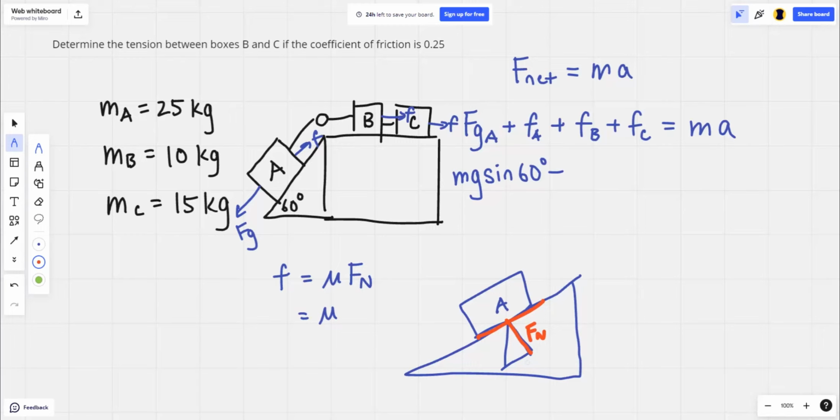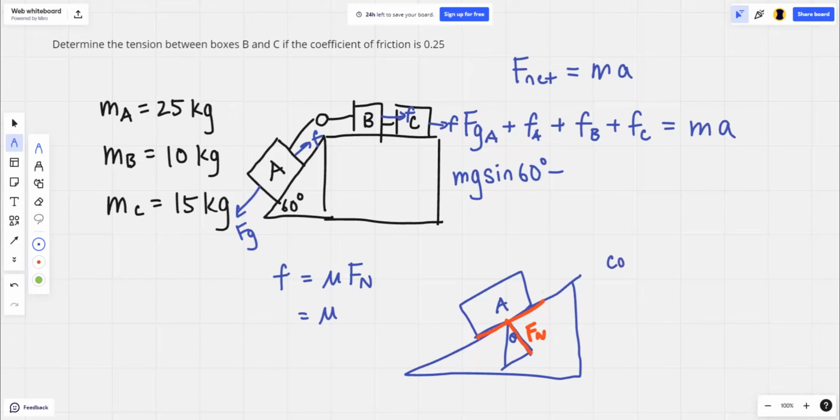So to get this, we have to use trig identities again. And in this case, we need to use cos since it's adjacent to this angle.